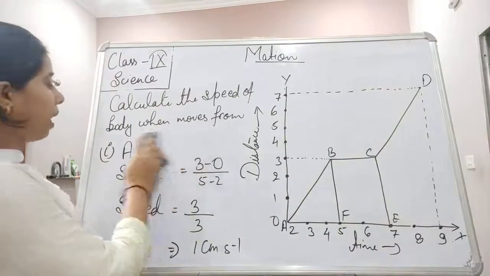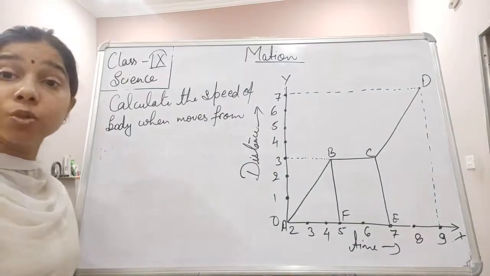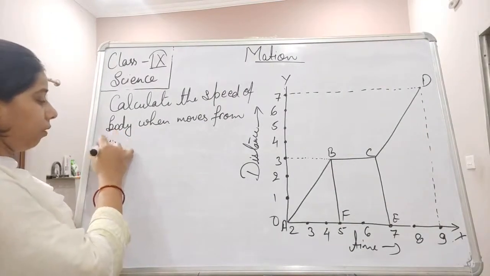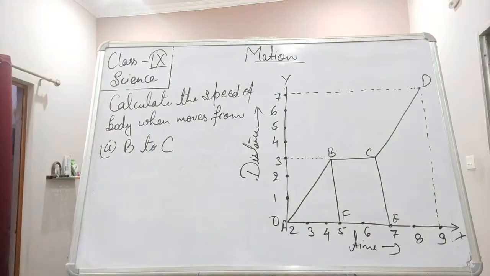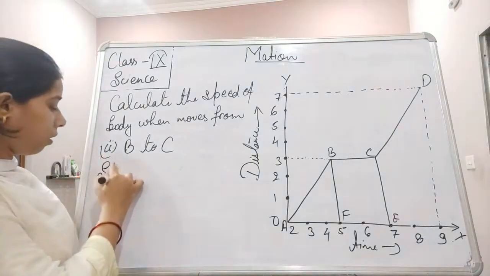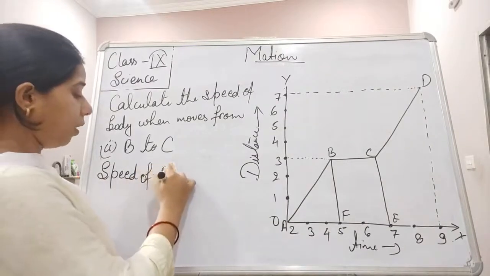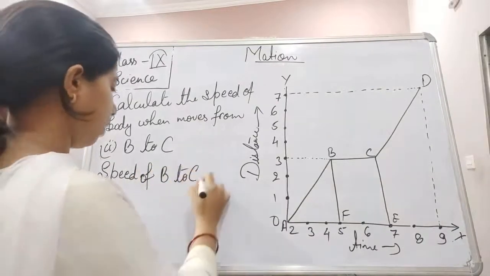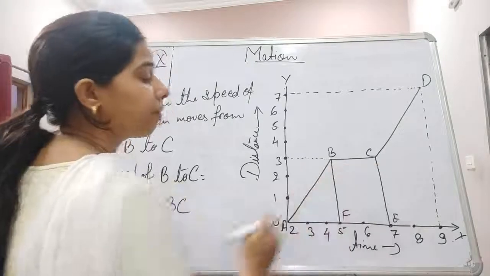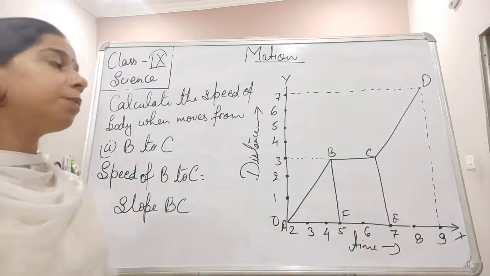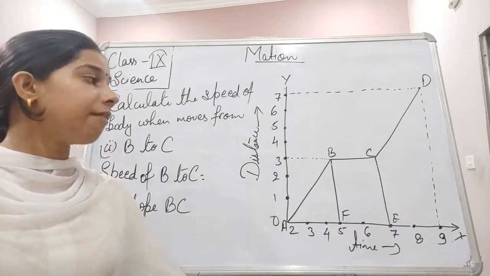Second one is, we have to find the speed from B to C. So speed of B to C is equal to slope BC. Now what is this slope? The speed here will be equal to 0, because it is moving with the same value, students.